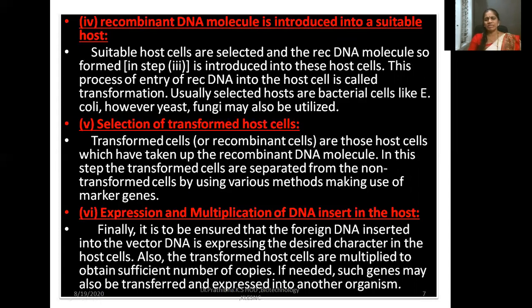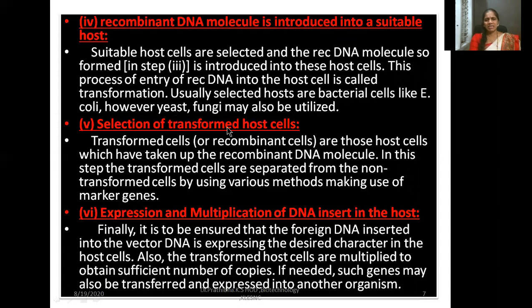This process of entry of recombinant DNA into the host cell is called transformation. Usually, selected hosts are bacterial cells like E. coli. However, yeast and fungi may also be used.